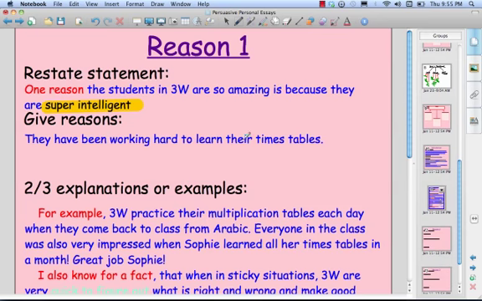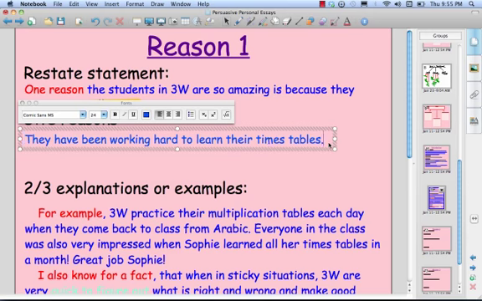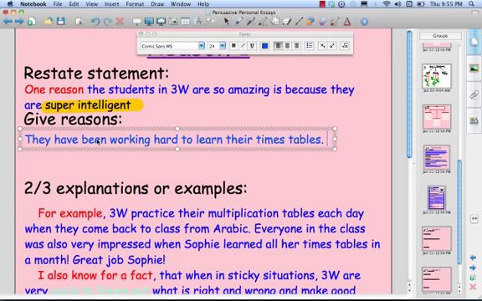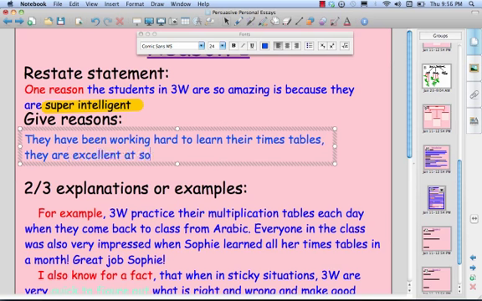So I'm going to add that because I need to make sure all three of those reasons are there, those examples. They have been working hard to learn the times tables. They are excellent at solving in sticky situations.